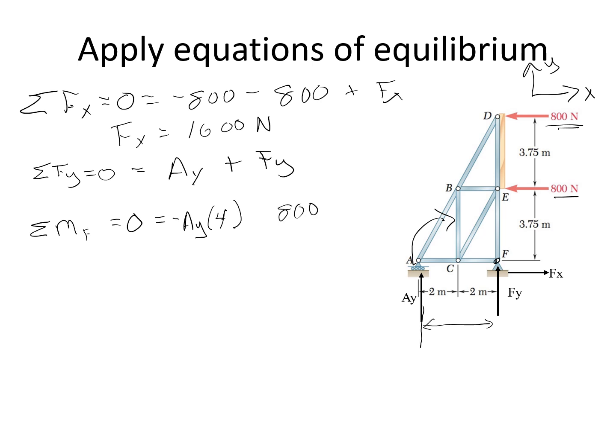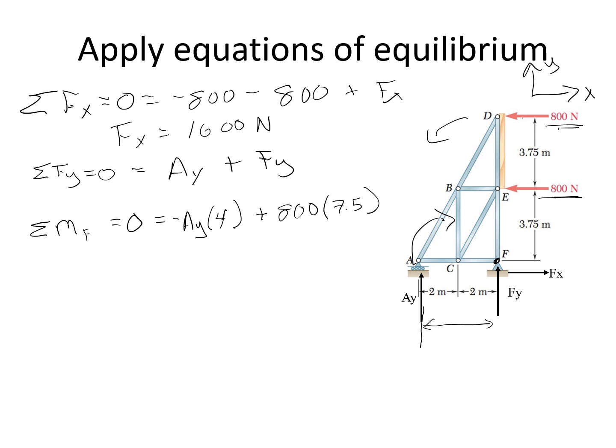The perpendicular distance from F to that force is 3.75 times 2, which is 7.5. And it's going to tend to rotate this counterclockwise, so that would be positive.